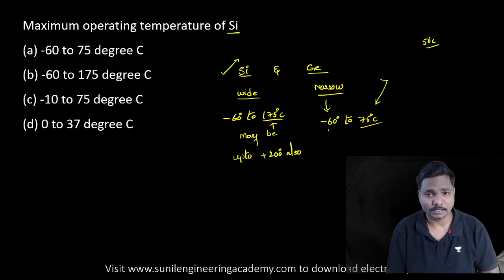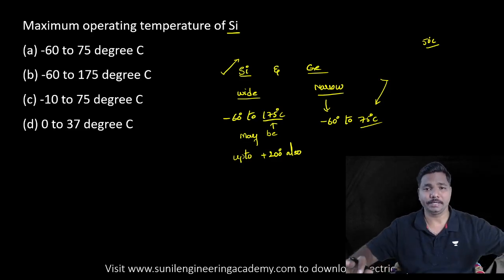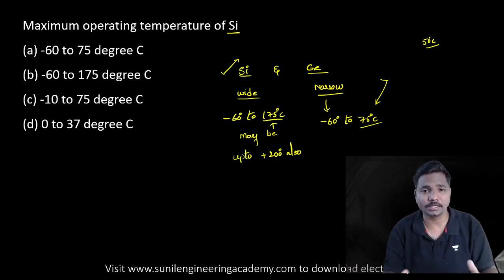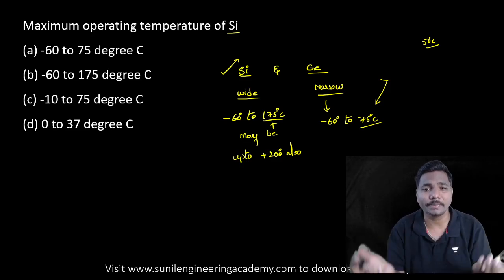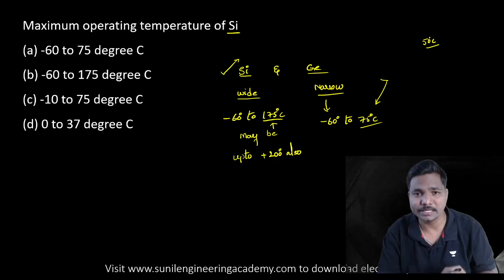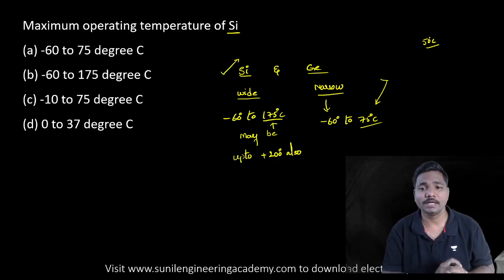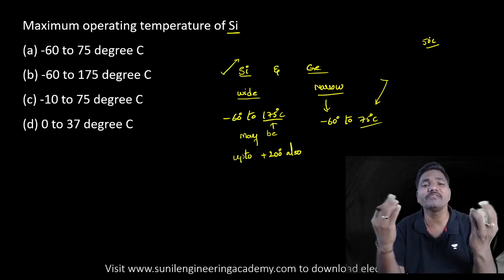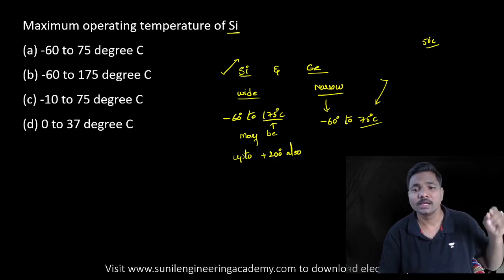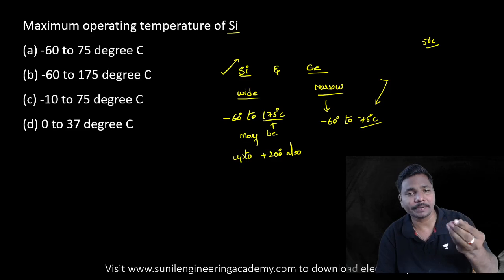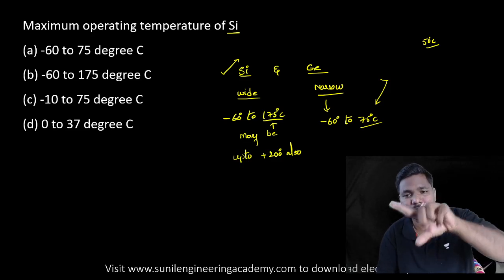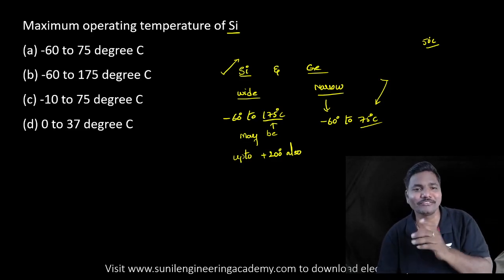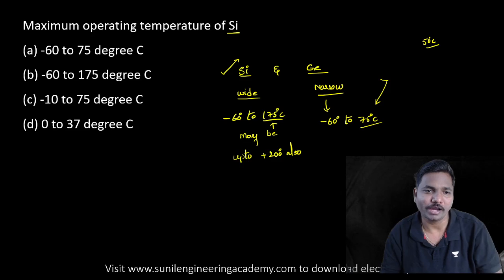No, not like that, not outside temperature. Whenever any electronic equipment is operating, a lot of power dissipation takes place and the temperature is very high. If you touch your finger to the circuit, you can feel the temperature, it may be more than 75.